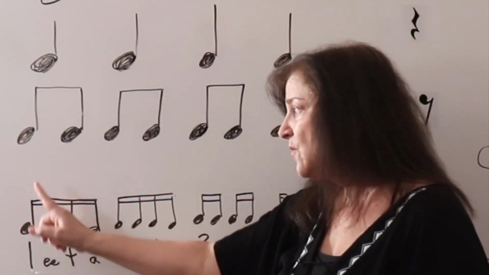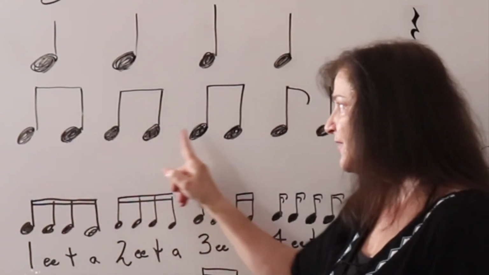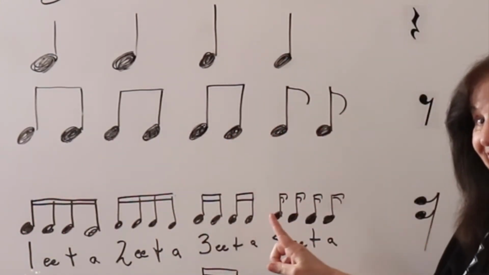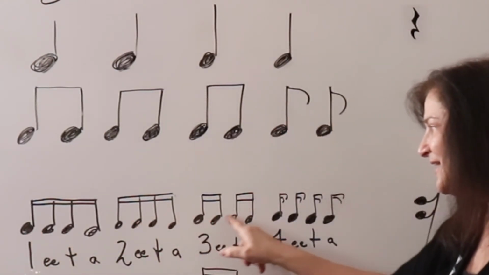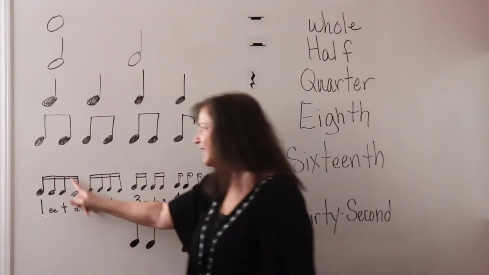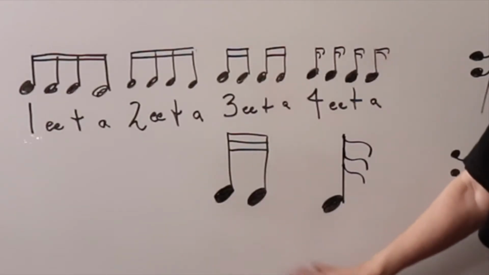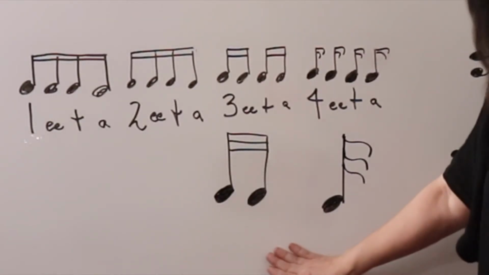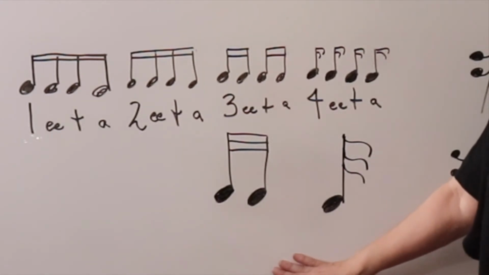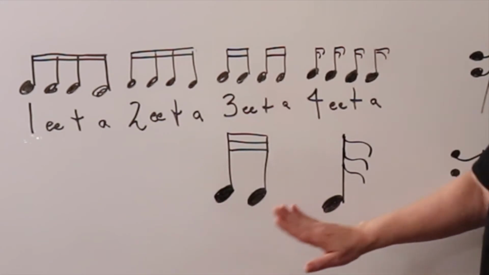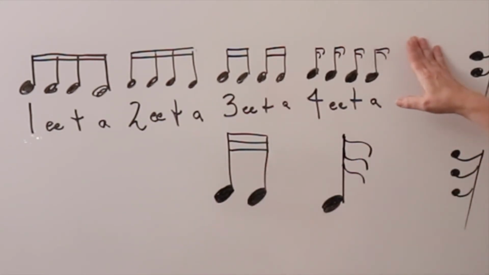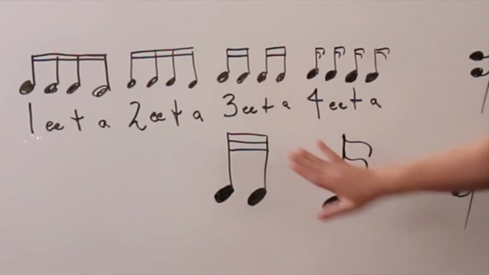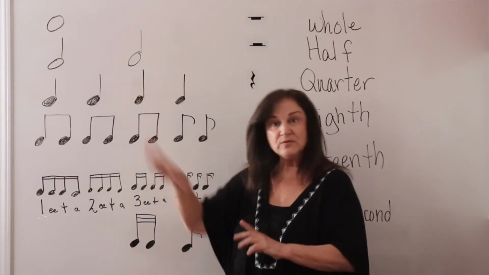And we count it 1 E and a, 2 E and a, 3 E and a, 4 E and a. Notice the ands line up. I drew on here a representation of the next subdivision. Since we had 16ths here, these are 32nd notes. 3 beams, as opposed to the 2 with the 16th note. 3 beams, 3 flags.